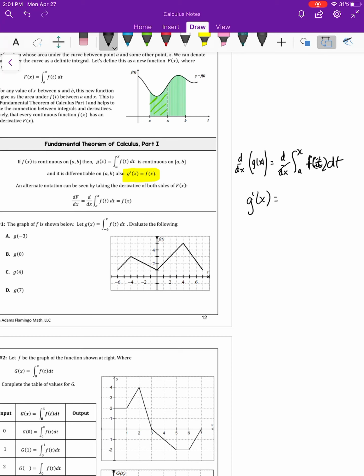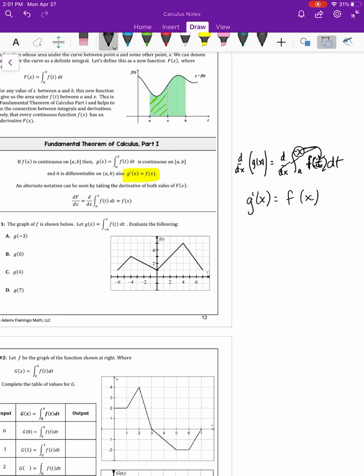So they basically cancel each other out. What you need to do is put this in here, and you get f of x, okay? So that's basically the biggest thing on that fundamental theorem of calculus part 1.